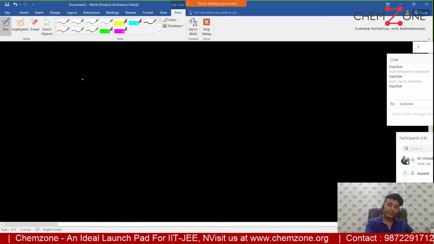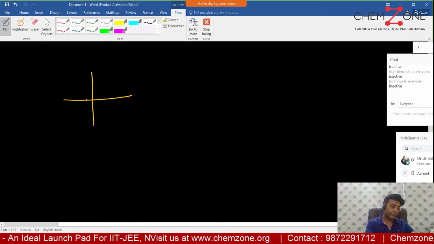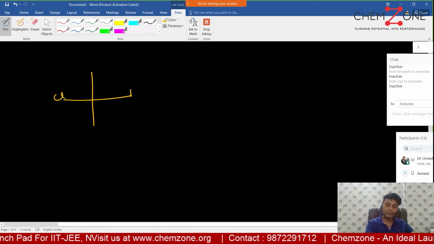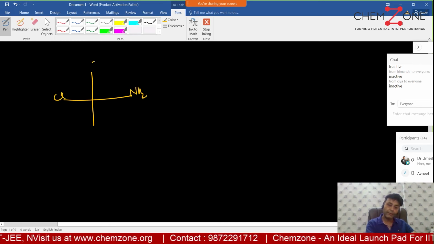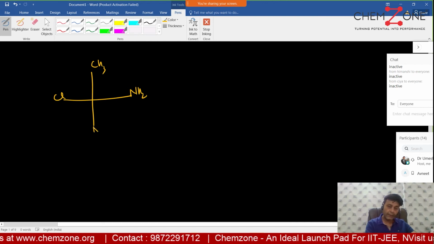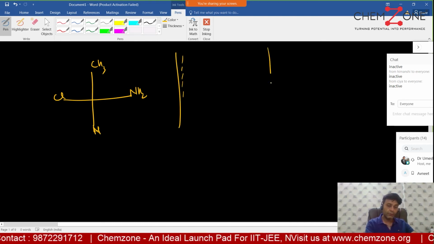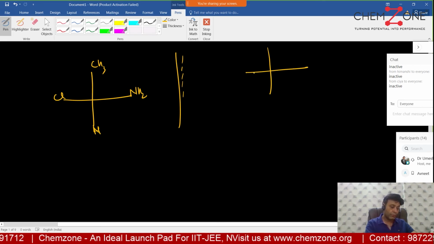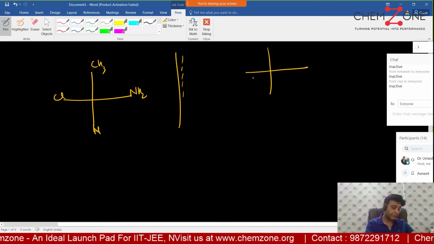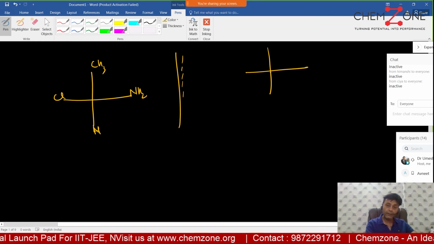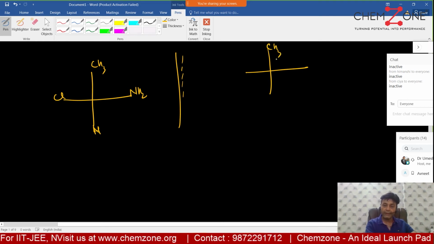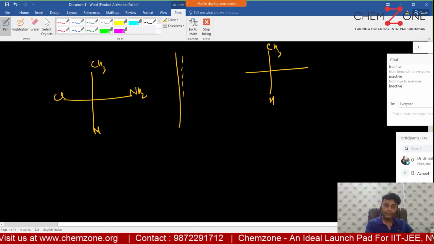Now, if you make the structure in 2D, chlorine and NH2, methyl and H, make the mirror image. Laterally inverted. Methyl and hydrogen remain the same. Make it reverse now.